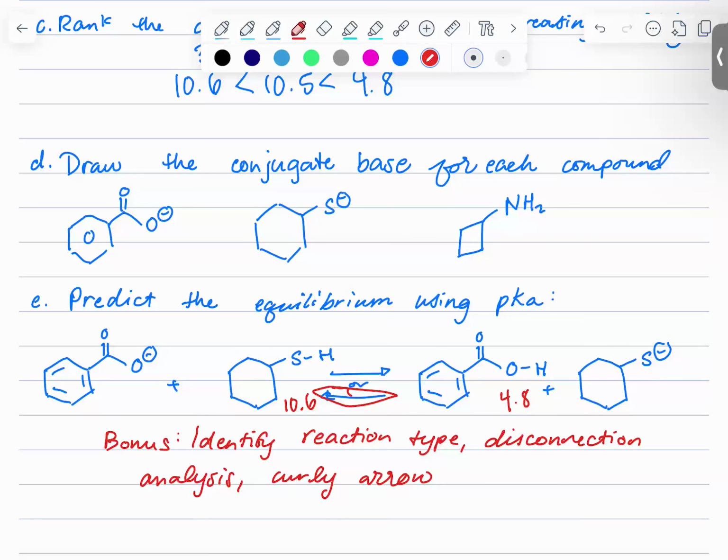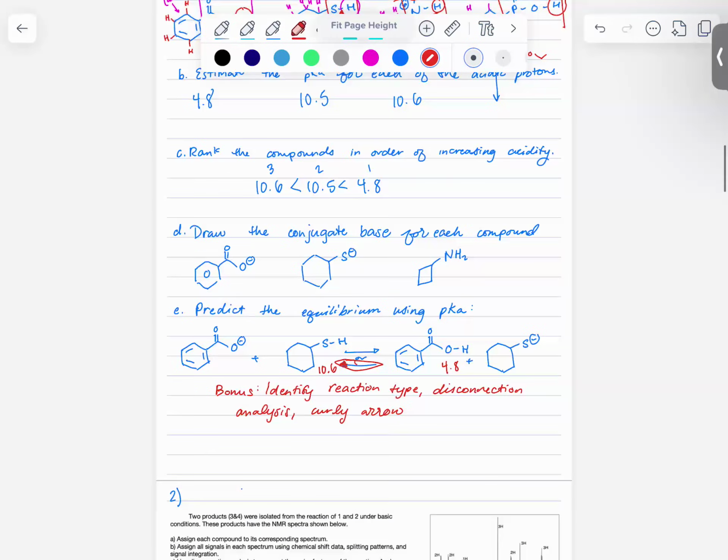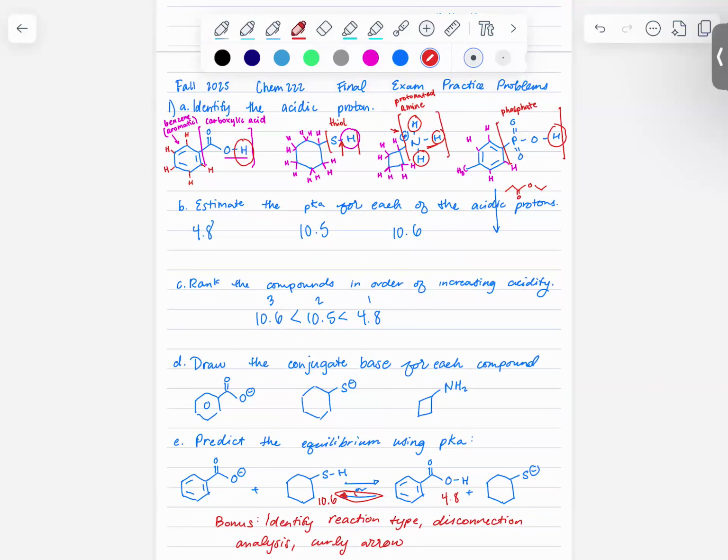Yep, the stronger acid will more readily lose that proton. So you can think of it as we'll always point at the higher number. But if you're going to think about it that way, make sure you're always writing your pKa under the protonated form. Okay. Questions on that? What's up? Okay.